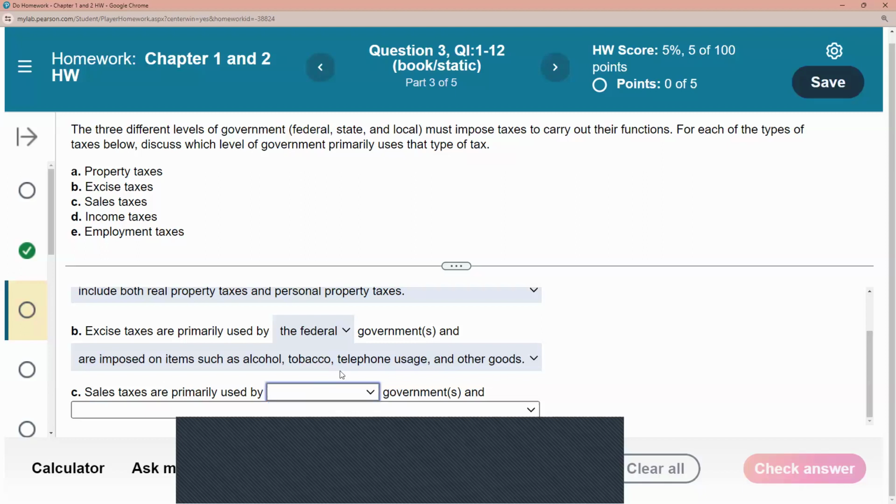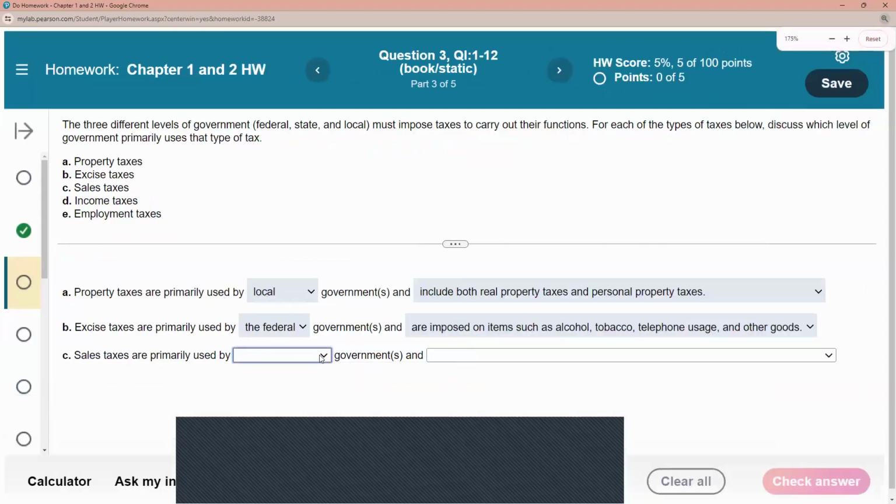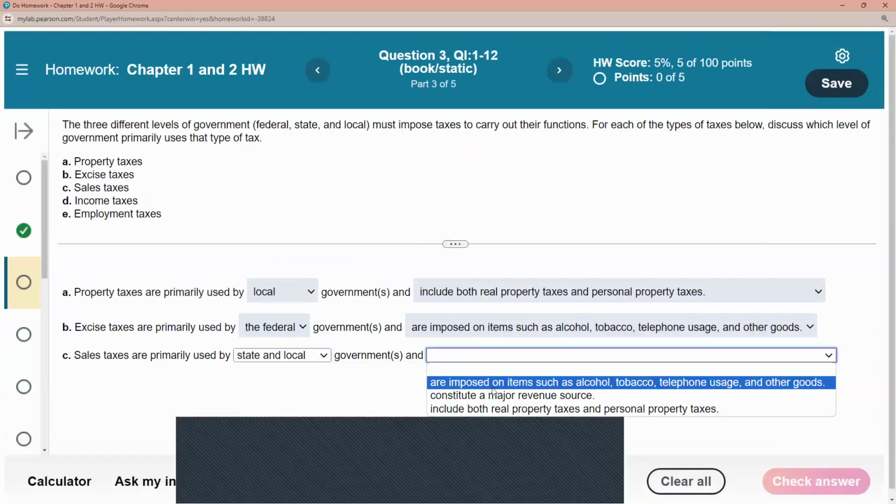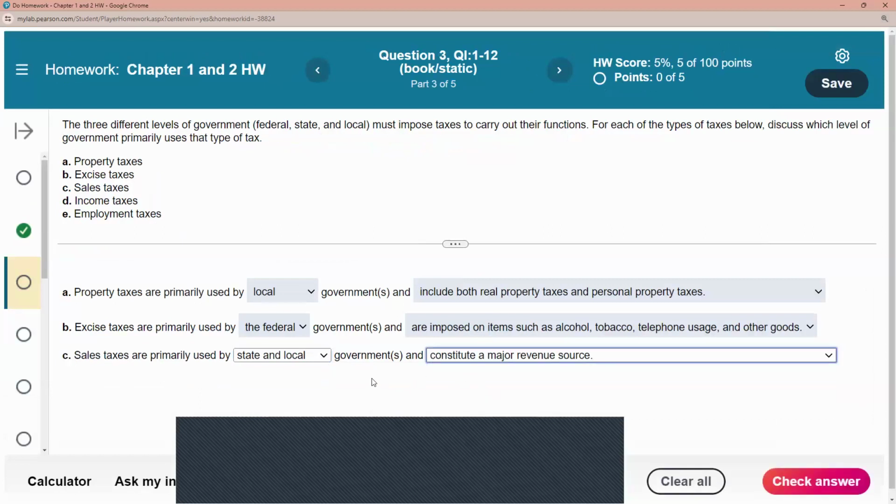So sales taxes are primarily used by state and local governments, and they constitute a major revenue source.